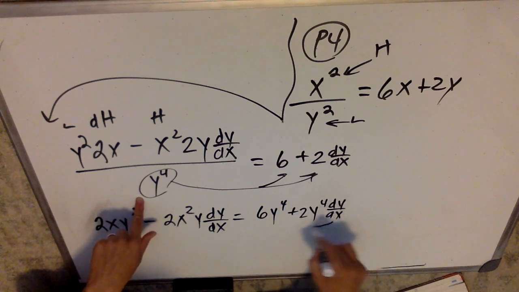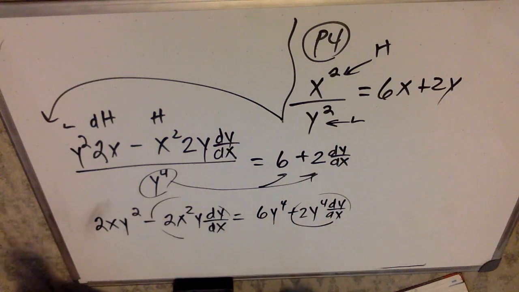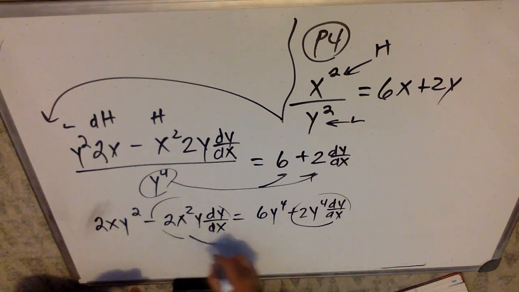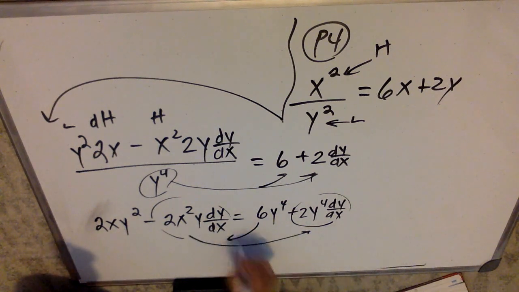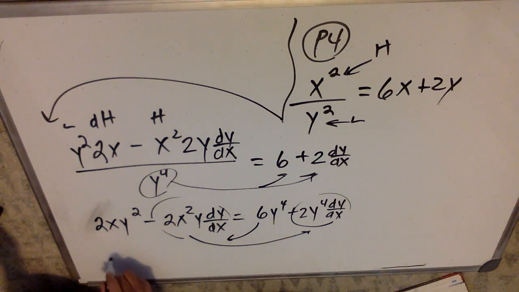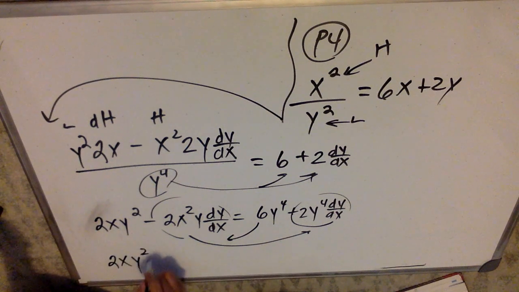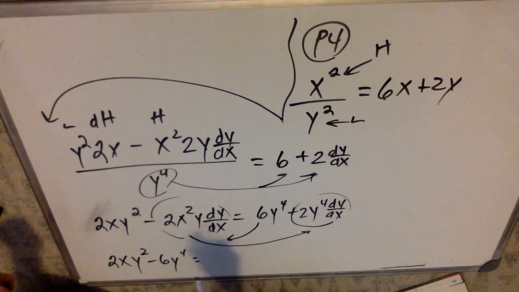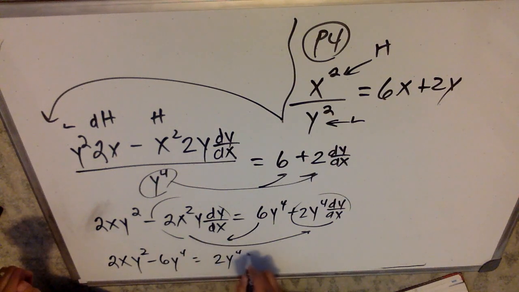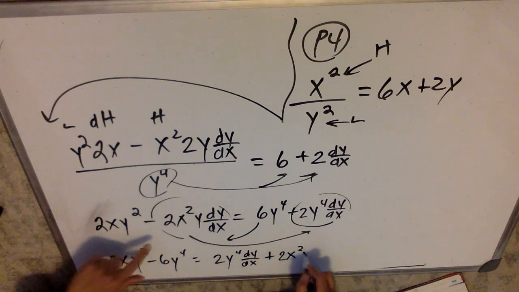Now I want all of these guys on the same side. It doesn't matter which of the two sides you pick. Since at this point there's some of them on either side, it really could not possibly matter less. In this case, I guess I'll just go right. I'll move this guy over, which means I'll move this guy over. So on this side, I'm going to get a 2xy squared minus 6y to the fourth. And on that side, I'm going to have a 2y to the fourth dy dx plus a 2x squared y dy dx.